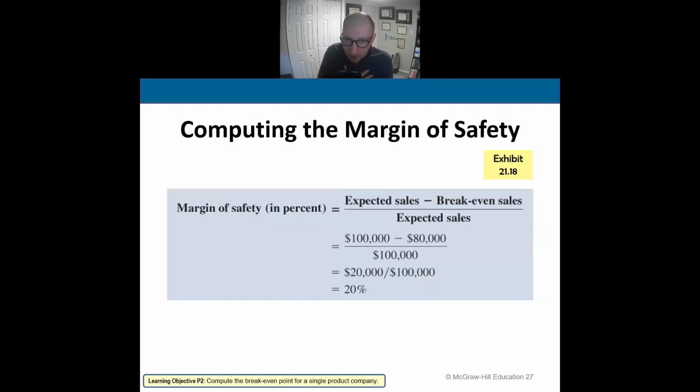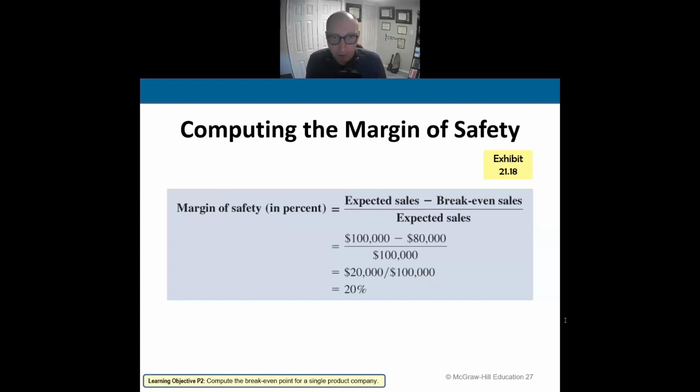I feel safe when I sell more than break even.